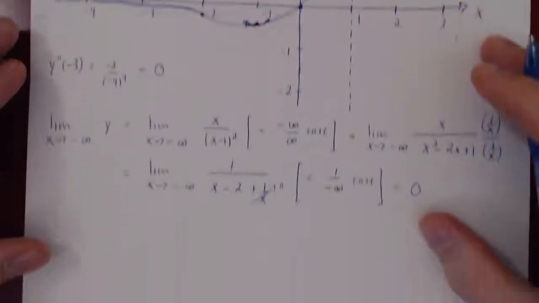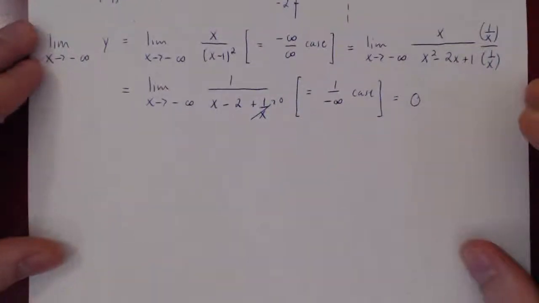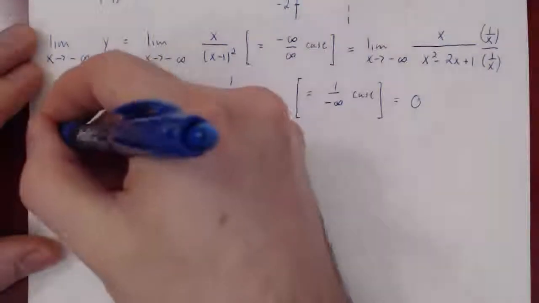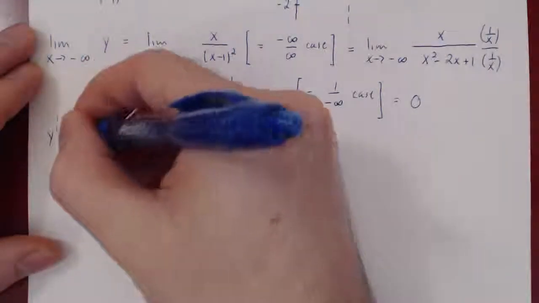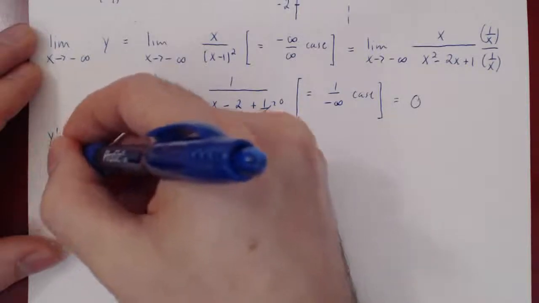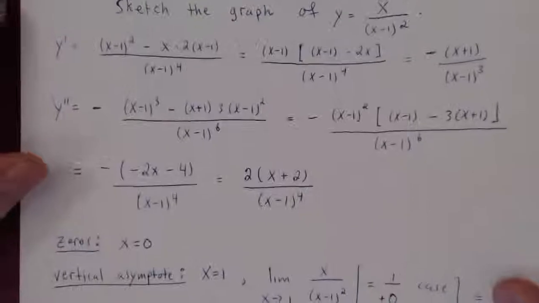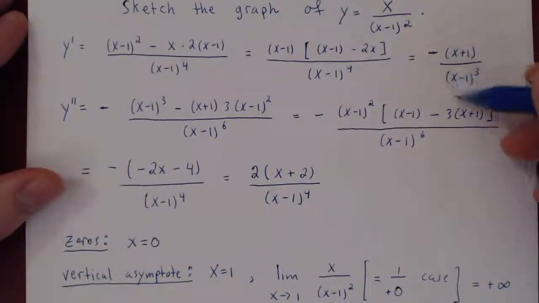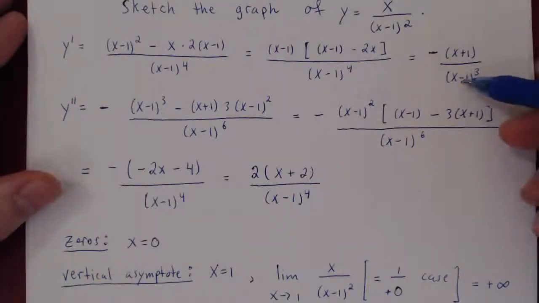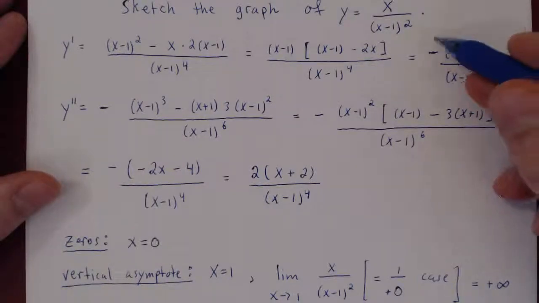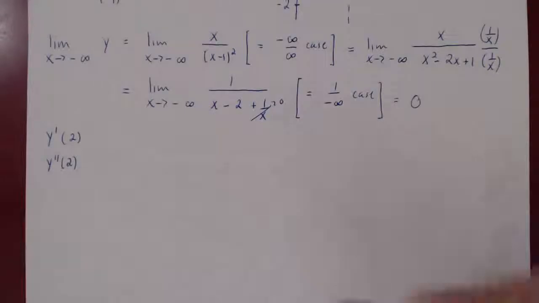And now again, we want to know if it's decreasing, increasing, concave up, concave down. So we will evaluate the first and second derivative at 2. If you go back, this is the first derivative. 2 minus 1 is 1 cubed, which is 1. 2 plus 1 is 3, so the first derivative is negative 3 when x is 2.